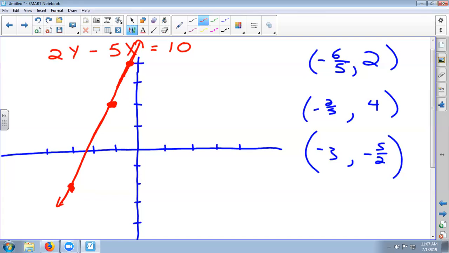Yeah, you have the order. Well, okay. Your graph can look terrible. You know that this is going to be -3, -5 halves, because it's obviously not.